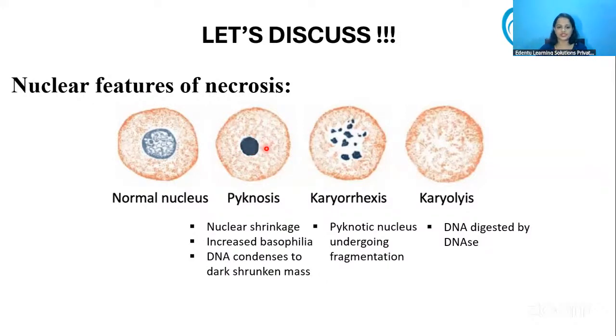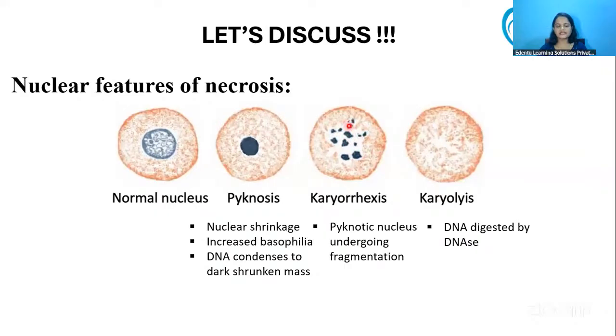So in pyknotic nuclei, the nucleus shrinks and the DNA inside is condensed, which produces an increased blue color for the nucleus, called increased basophilia. Once the pyknotic nucleus is formed, it progresses into karyorrhexis. What do you mean by karyorrhexis? The pyknotic nucleus undergoes fragmentation like this.